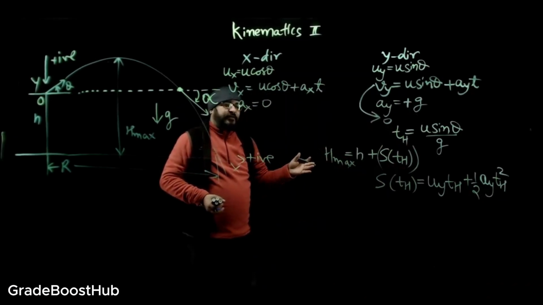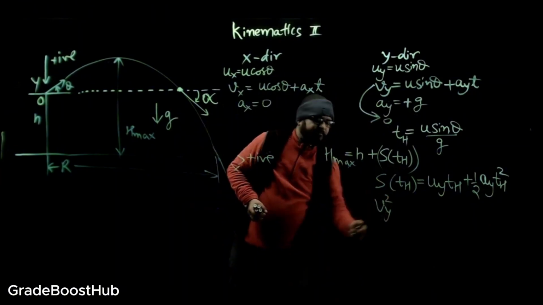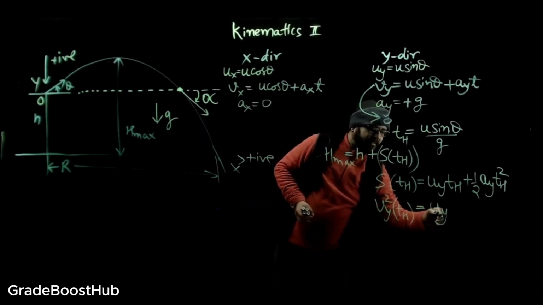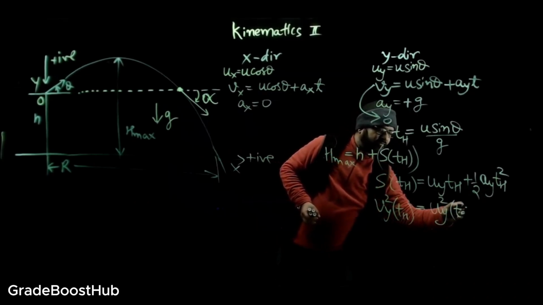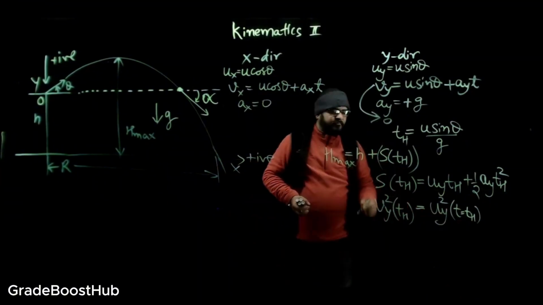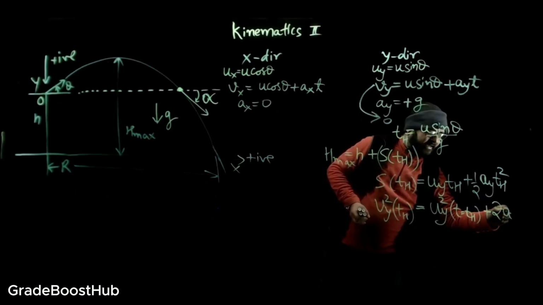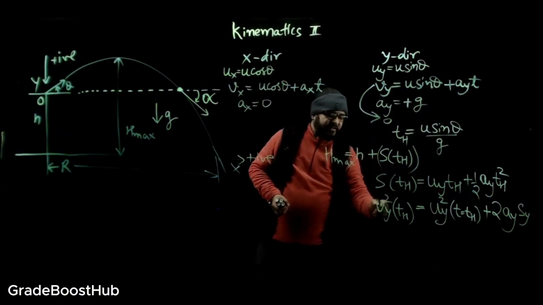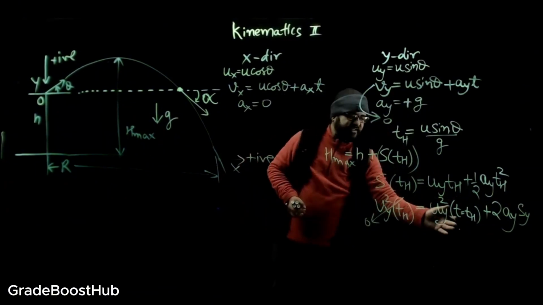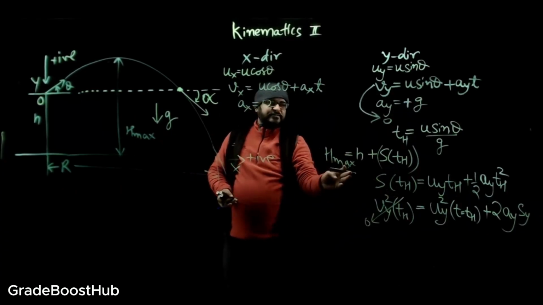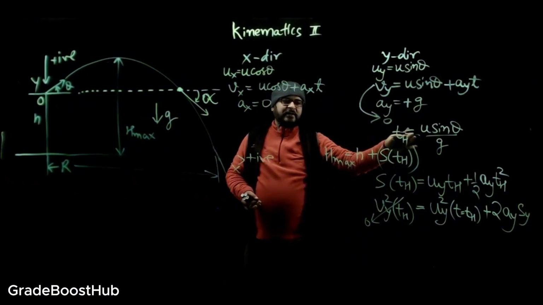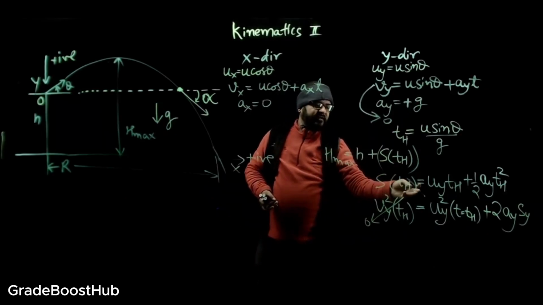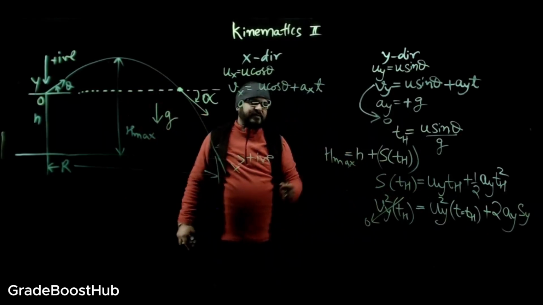Another approach is direct. We know Vy square at th is equal to uy square plus 2ay into sy. I know Vy is 0 at the maximum point. So from this, I can get it in one shot. To get the h max, first I have to calculate th, time to reach the maximum height, and then through this equation, I can find this height and then add h for h max.